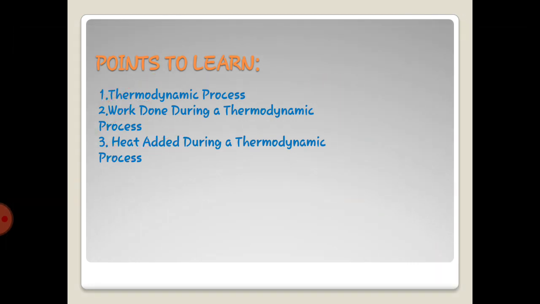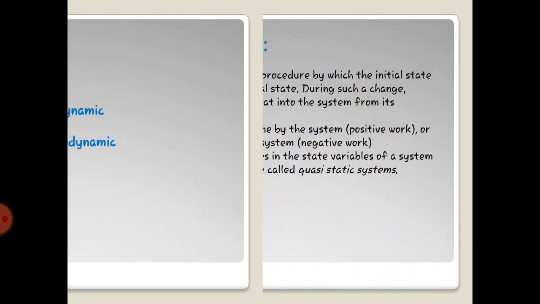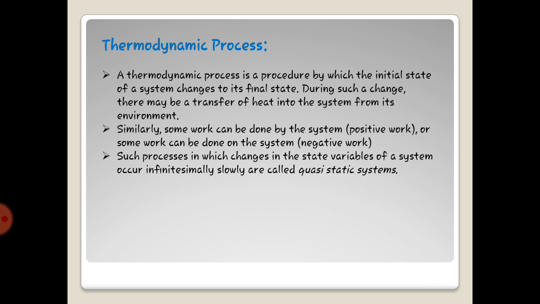So let's move towards the first point, thermodynamic process. What exactly comes to your mind when we read the words thermodynamic process? There should be some process that happens in the system, so that's why we call it a thermodynamic process.